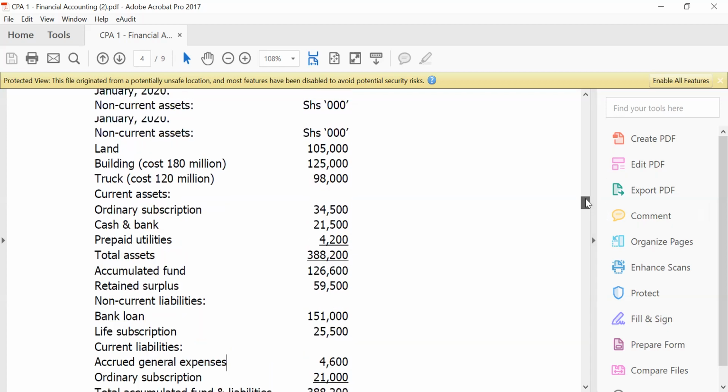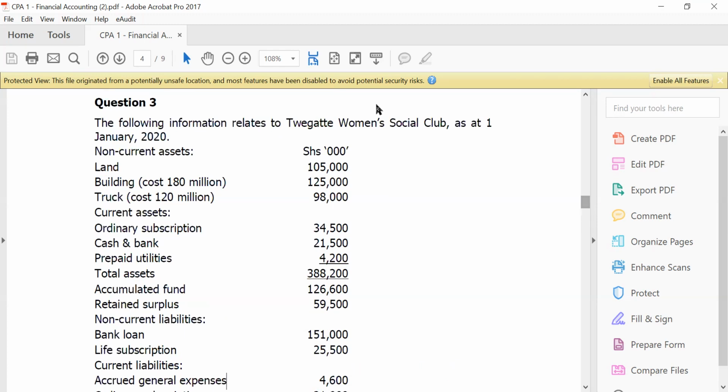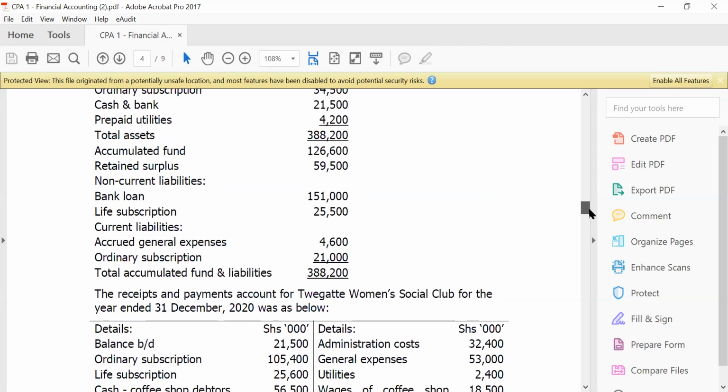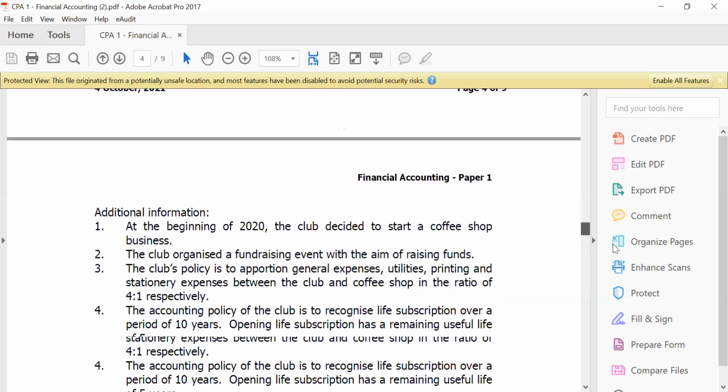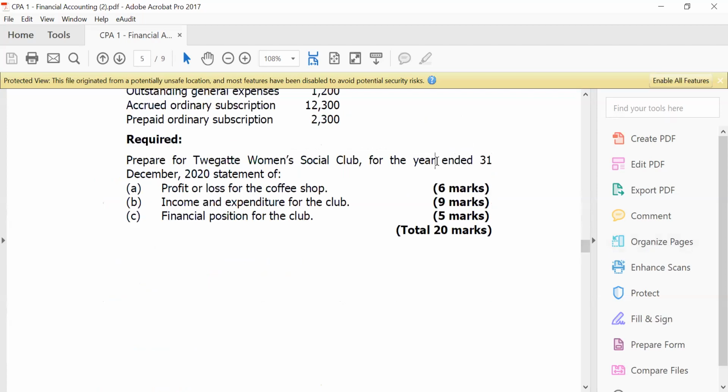So when you look at, let's say, our records here, these records are as at January 2020. And when you go down, we are preparing books of accounts as at 31st December 2020.